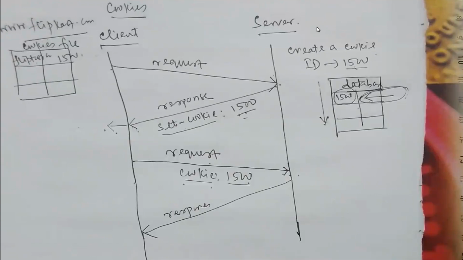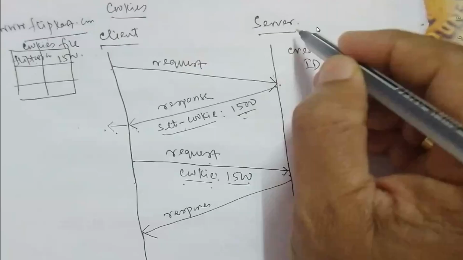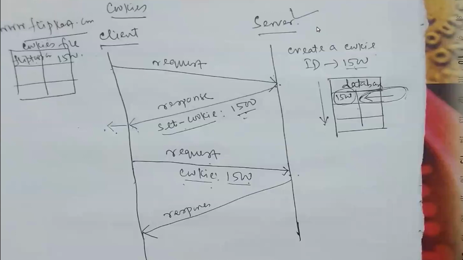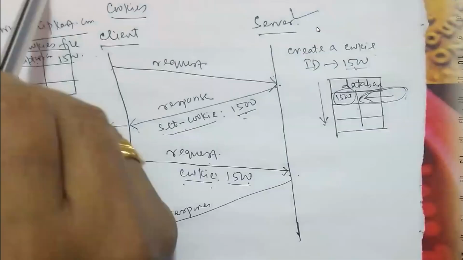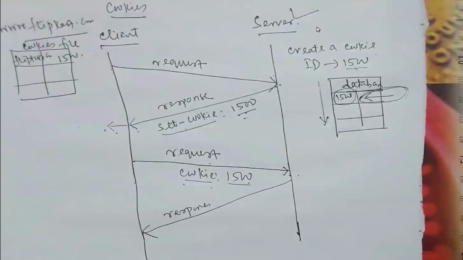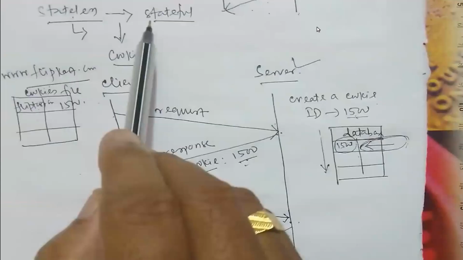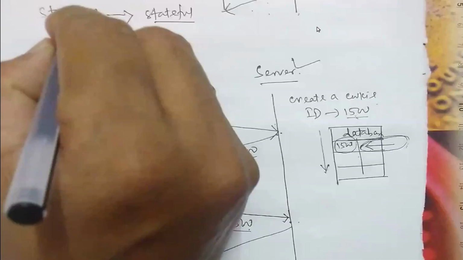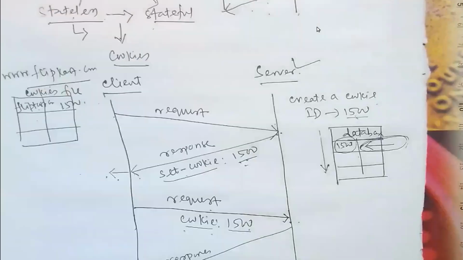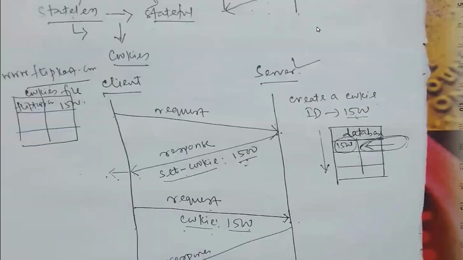So that is how a cookie is maintained by this particular server and client, so as to make this communication stateful. Now the Flipkart server behaves as a stateful server, but originally it was a stateless server. So by using the concept of cookies, I convert the stateless behavior of HTTP to a stateful behavior of HTTP.